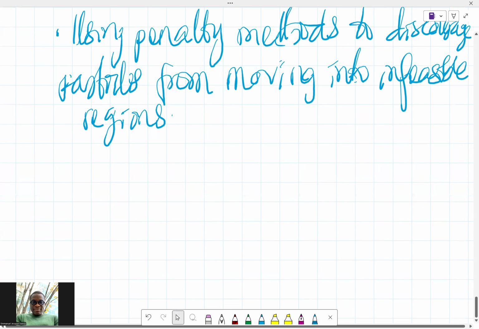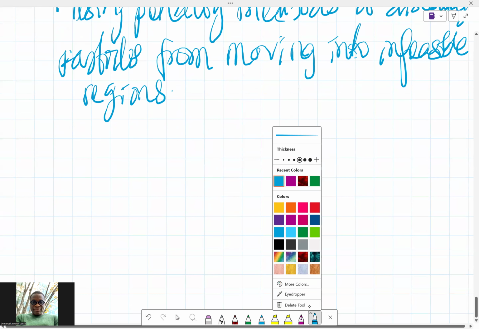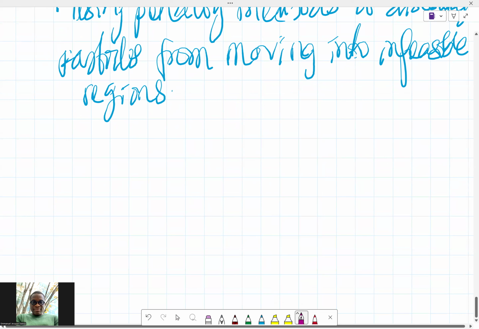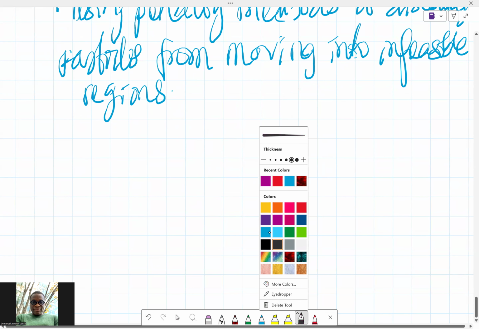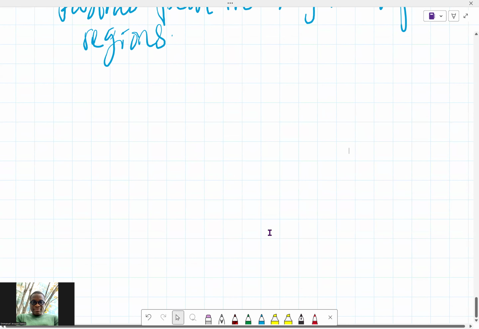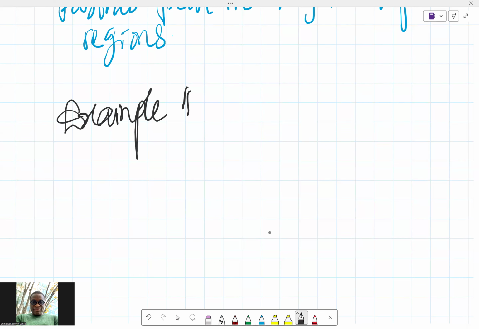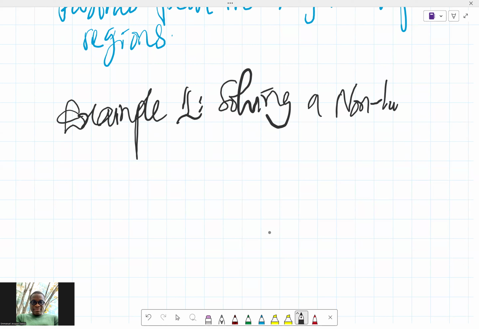All right, so with all this said, can we look into some examples? We're taking two examples here. Example 1 will be solving a nonlinear function.